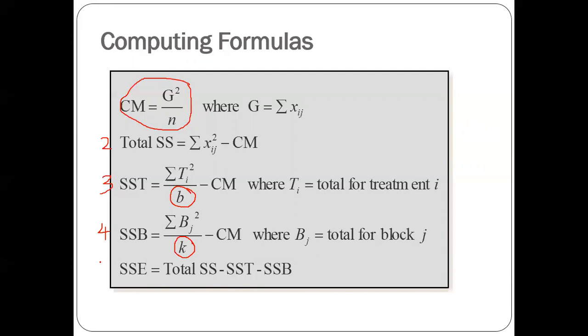The fifth step is to get the SSE: the total sum of square minus the sum of square treatment and minus the sum of square block. So this is all the formula that we are going to use in two-way ANOVA of CRBD.